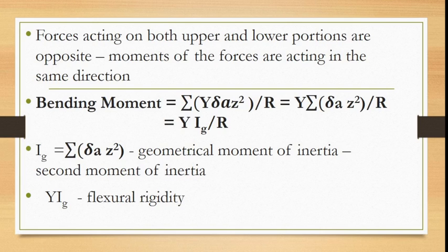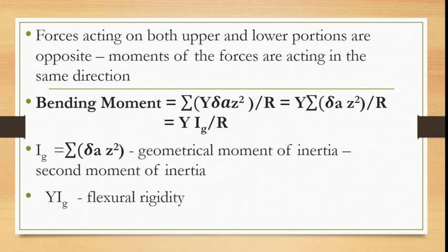Then force into perpendicular distance will give you the bending moment. For that we had initially considered a small area delta A. So considering the whole beam, we have to integrate or take summation. Here we are taking summation. So Y into sigma delta A z square by R is the expression for bending moment, where sigma delta A into z square is known as the geometrical moment of inertia and Y into Ig is known as flexural rigidity. So we have got the expression for bending moment.